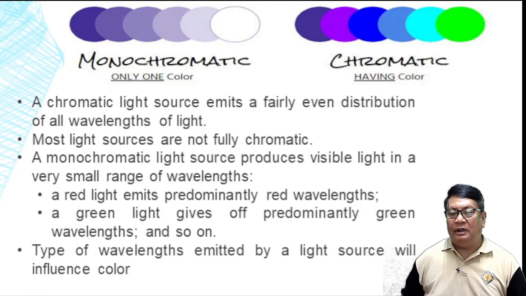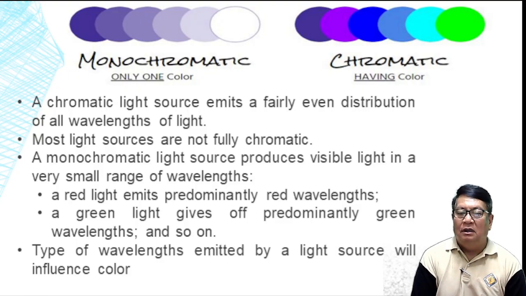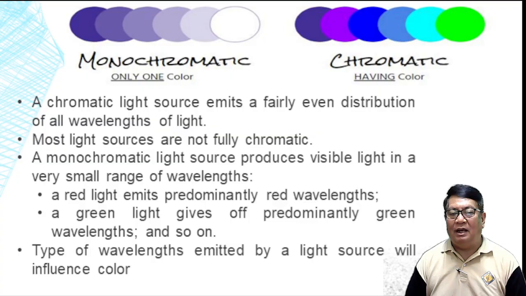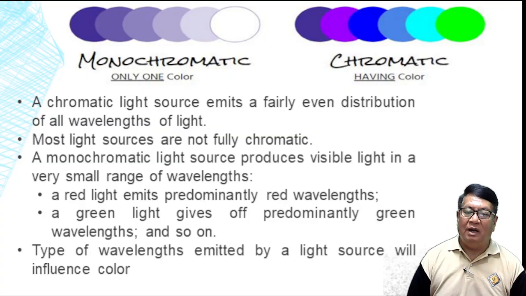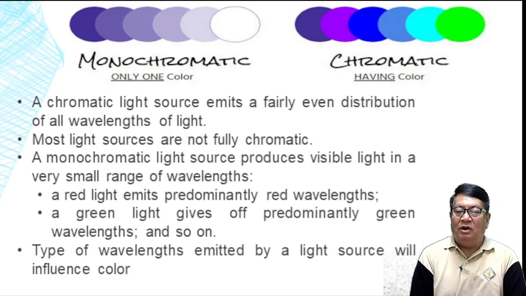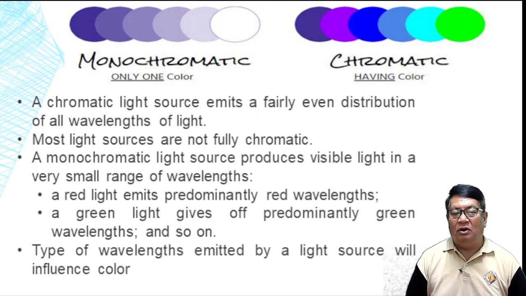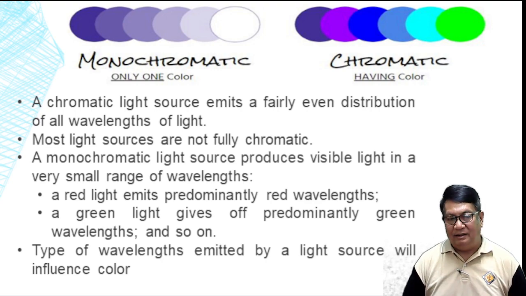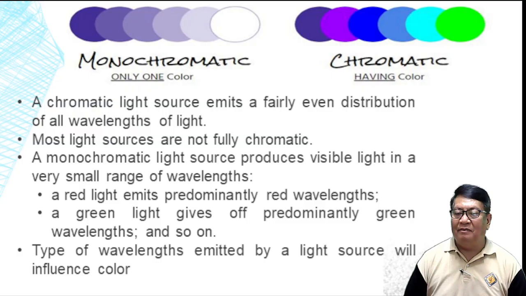Then we have these different types of lights: monochromatic light and chromatic light. If you have only one color, this is called monochromatic light. If we have different colors, we call this chromatic light.